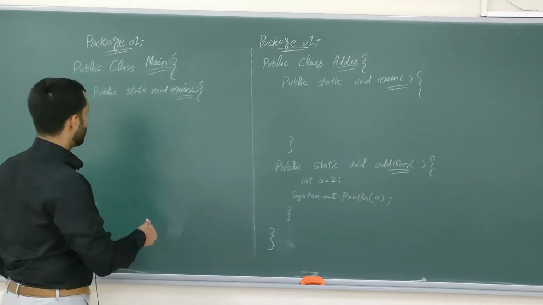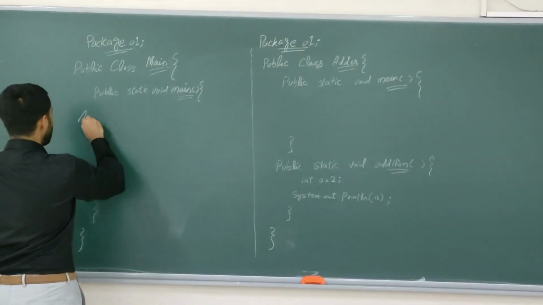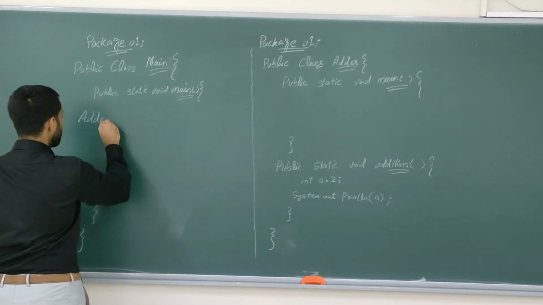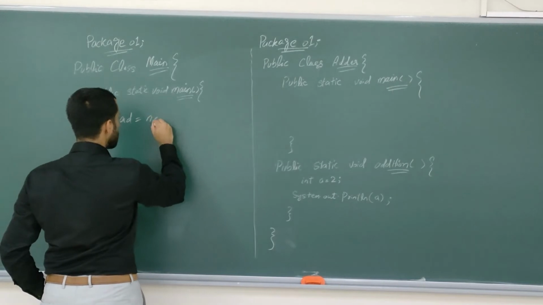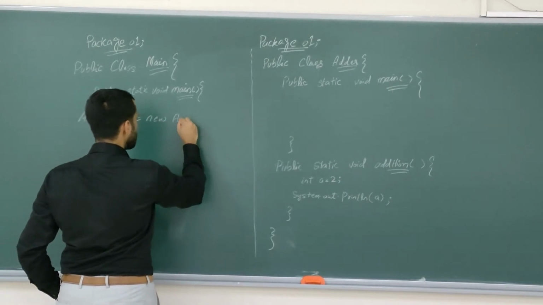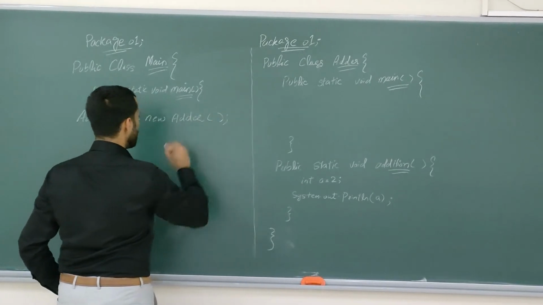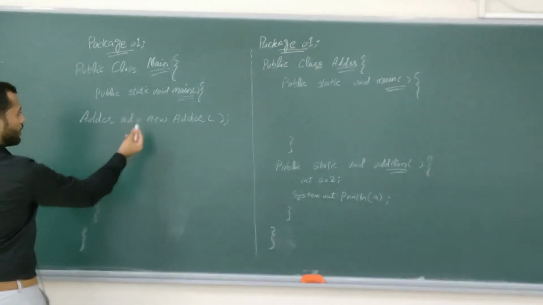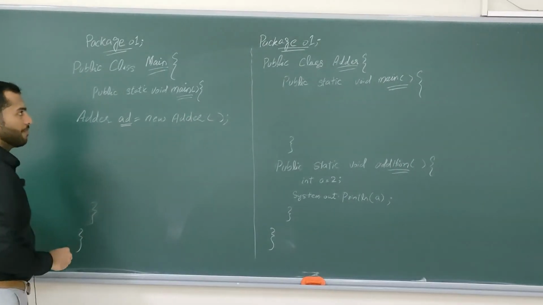So let's take a look. Here I will create one object of the add class. So guys, here I have created the add class object and I have given the name AD.